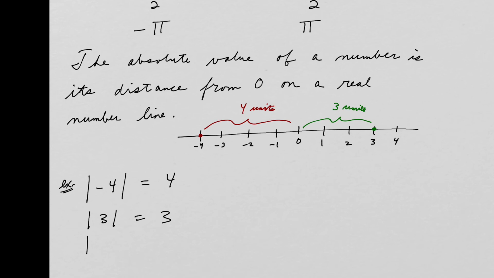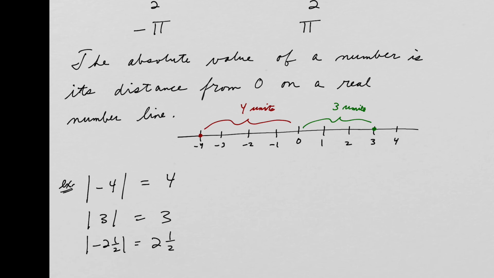If I have absolute value of -2.5, how many units away from 0 is -2.5? It's 2.5 units. So notice what's happening here: if you take the absolute value of a negative number, it makes it positive. It's the same number, but it becomes positive. If you take the absolute value of a positive number, like absolute value of 3, it stays positive. It doesn't change the sign. So all the absolute values are always going to be non-negative.